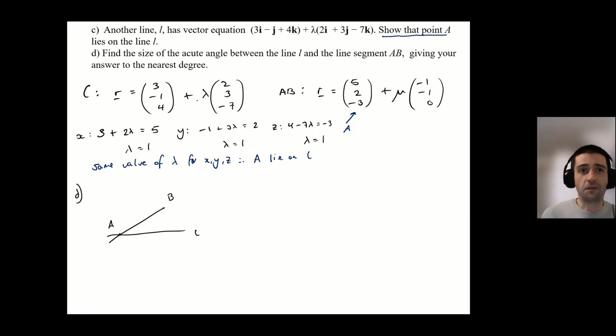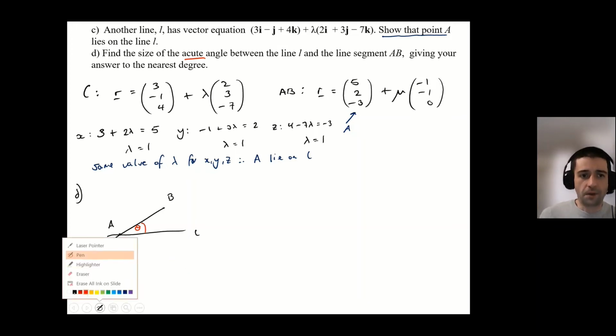But what I'm being asked to find in part D here is the size of the acute angle. I'm just going to underline that word acute because that's important, between the line L and the line segment AB. So on my diagram, that is this angle theta in here.